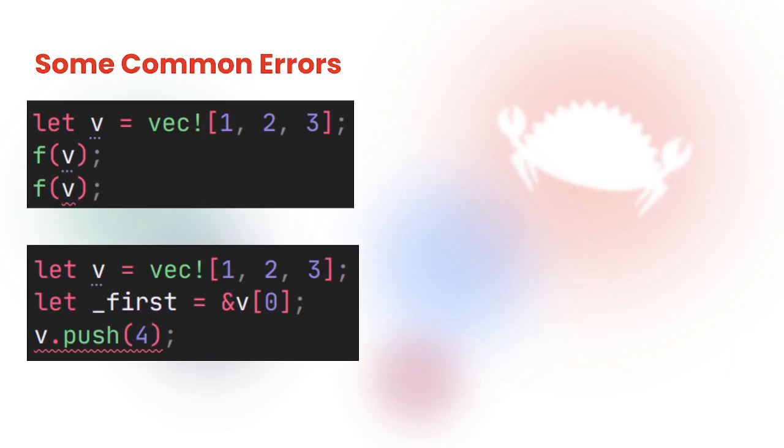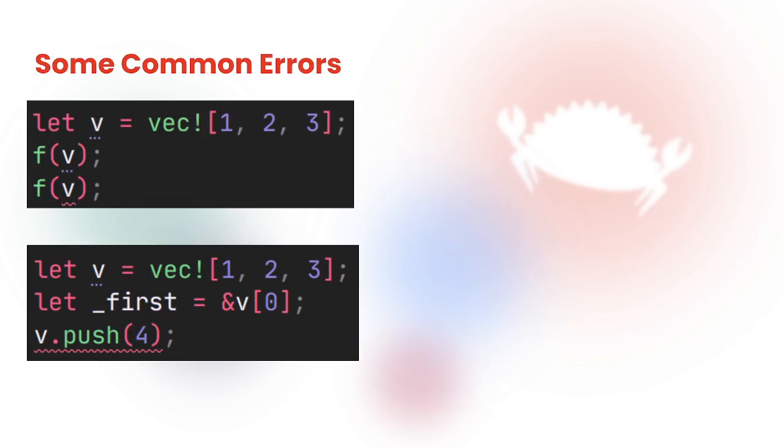So you might have seen that if you have a vector and you try to call it twice in a function, it won't work because the first call will move it. This avoids a copy, because you can just copy the data pointer without having to copy every element, which is very efficient, which is why it moves by default, but then you can't use it again.